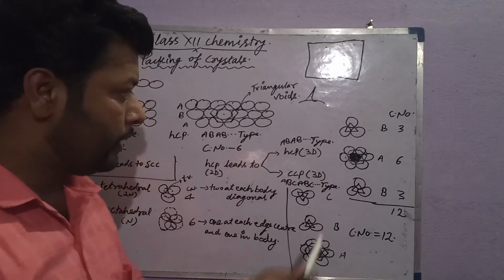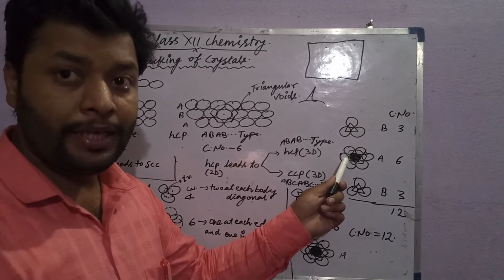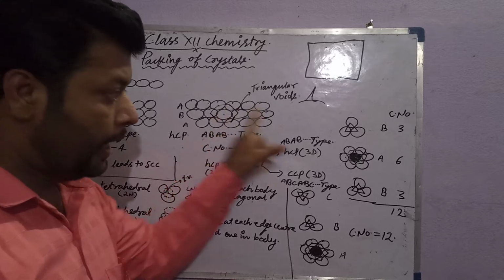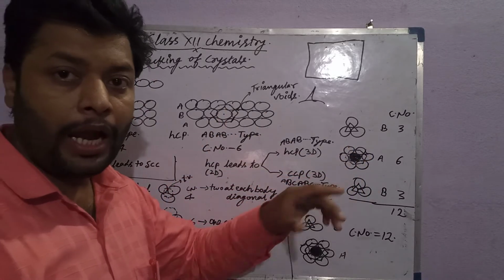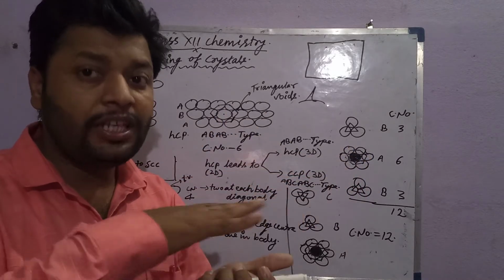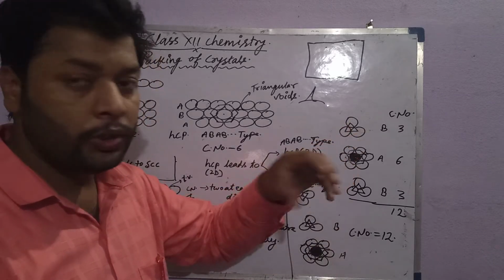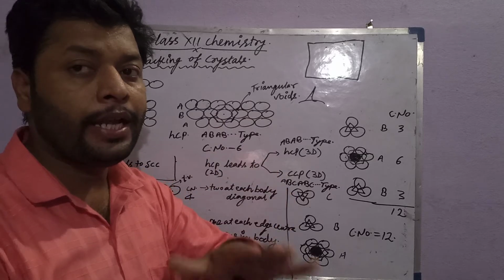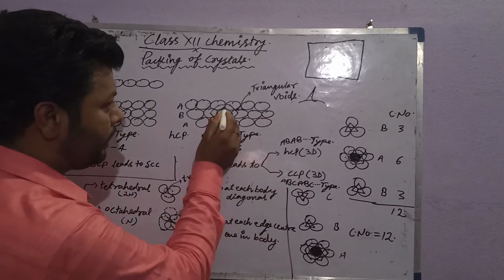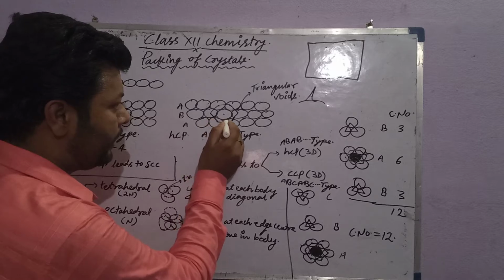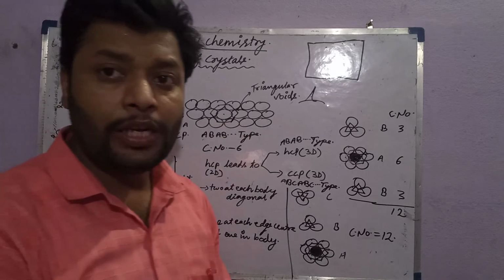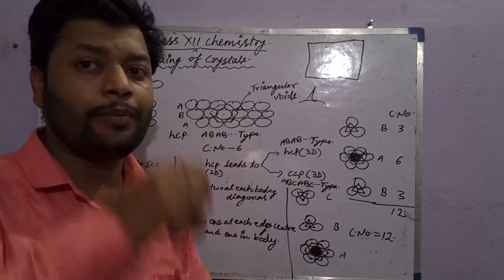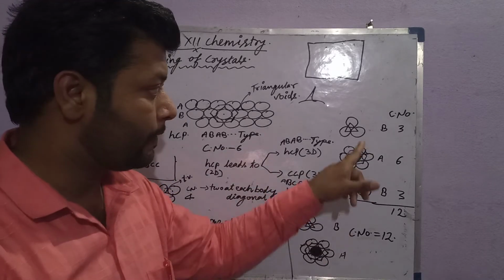Look at the shape. The middle one is the middle structure, and it looks the same. In hexagonal close packing, the next upper layer takes the whites, the gaps generated in the hexagonal layer.